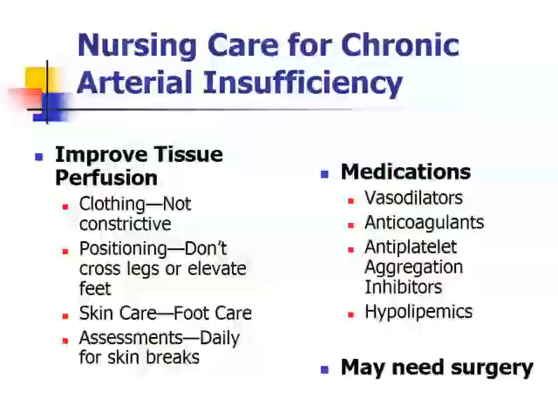These patients may also need surgery for their particular problem. Examples of antiplatelet aggregation inhibitors would be Plavix and aspirin, and these reduce the risk of arterial thrombosis. You can find more information in your book on those medications.